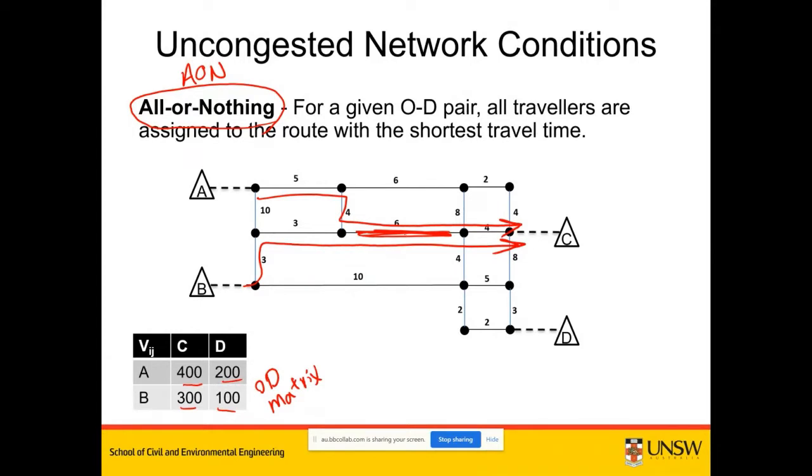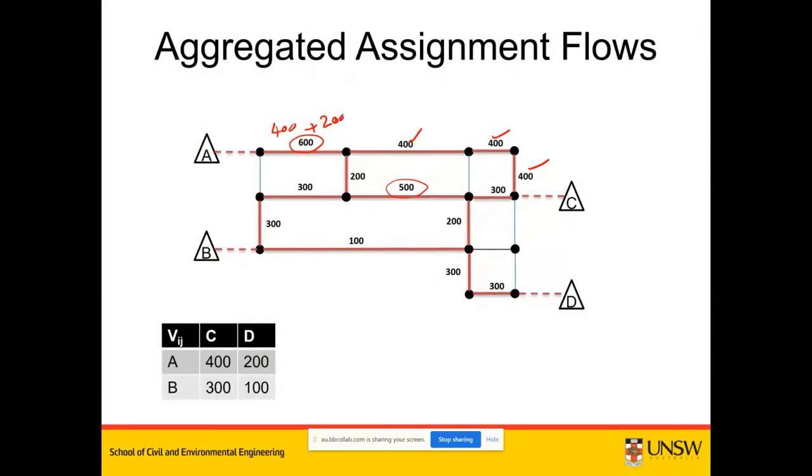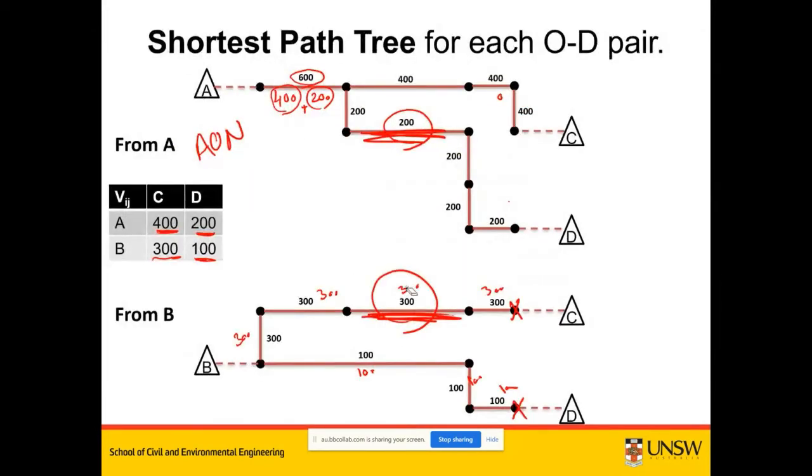So this link is shared between two different shortest paths, one from A to C and one from B to C. Same thing with the next link as well. So if you want to get the total link volume on that specific link, you need to sum up the volumes that go through this link coming from A to C plus B to C. So if I go back to the slide, this 500 is the result of 300 plus 200.